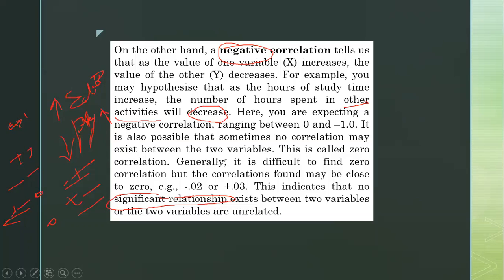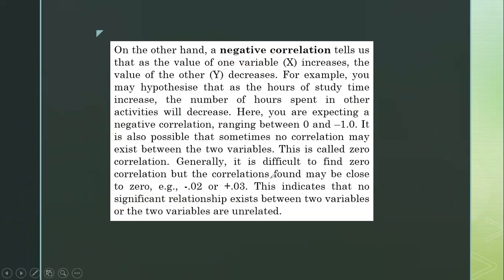When the values are really large, like -0.9, -0.8, that is a strong relationship. But -0.1, -0.2 and 0 are very negligible, meaning no correlation. So far, we discussed these three concepts: positive correlation, negative correlation, and no relation.